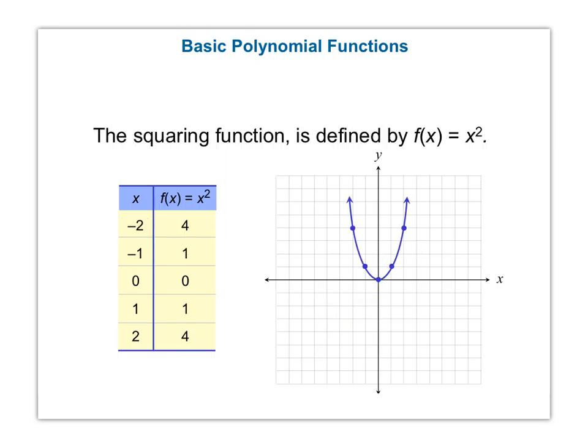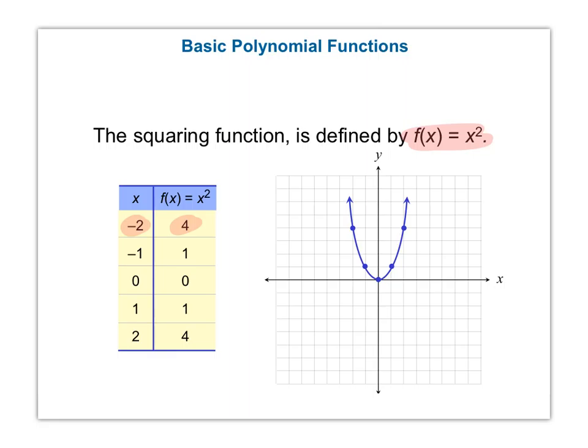The squaring function is also considered to be a basic polynomial function. The function is defined by f of x equals x squared. Now, whatever input values you plug in, for example, -2, to get the corresponding output value, you're going to square that. So -2 to the second power is +4.